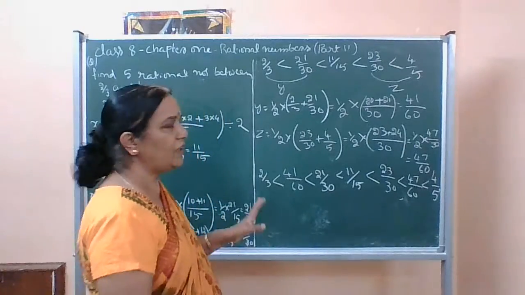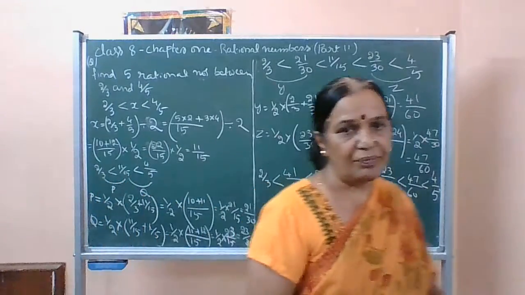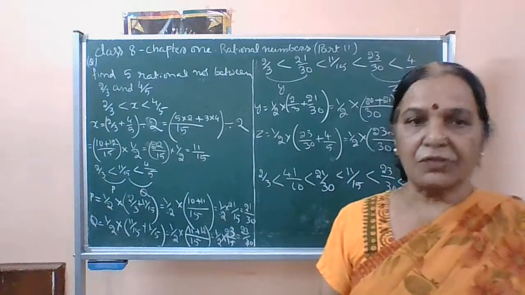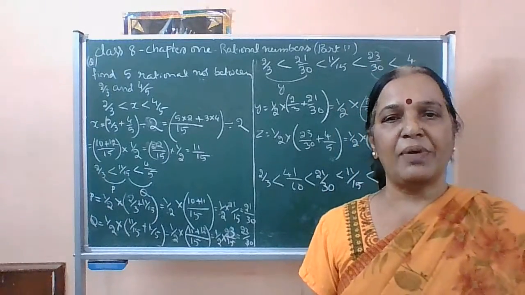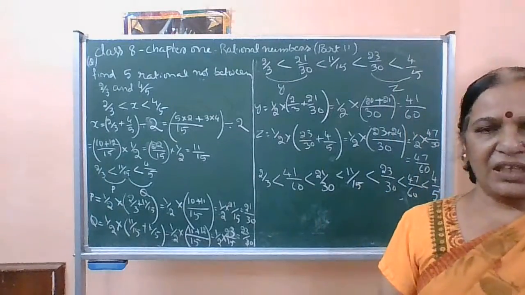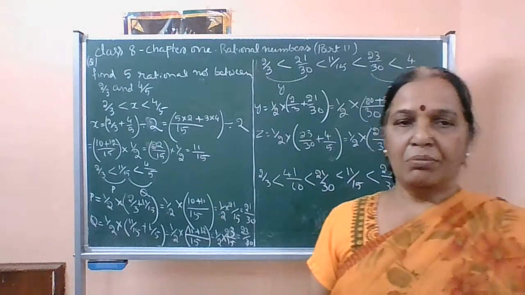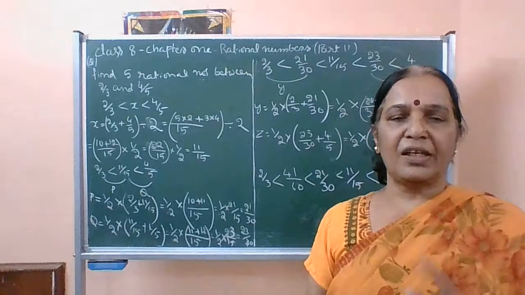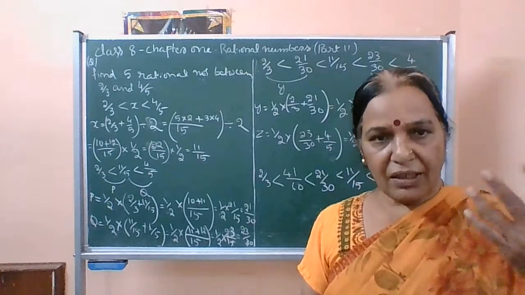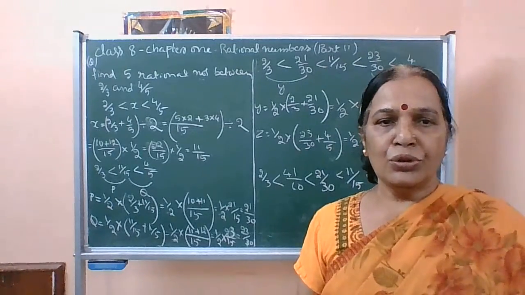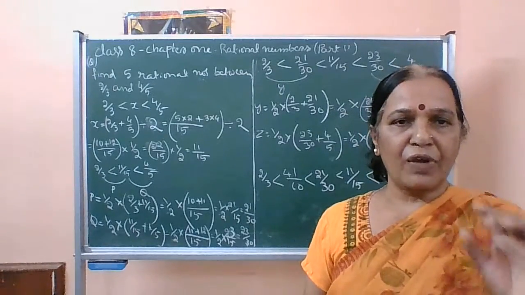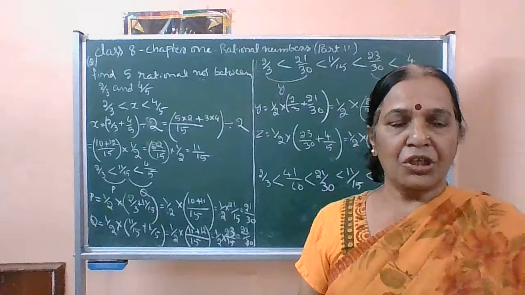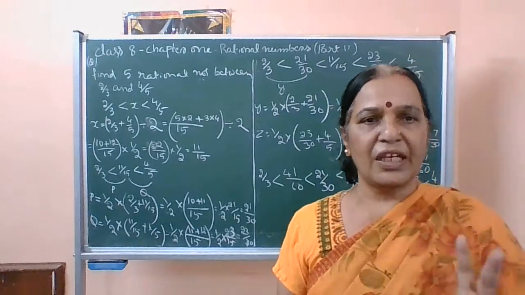See, though it is a lengthy method, if they don't ask which method you have to use, you can use the first method where you multiply numerator and denominator by the same number. But you have to learn this method also, because in higher classes to do a few sums, this method is also required, because of how to find a rational number between two rational numbers.